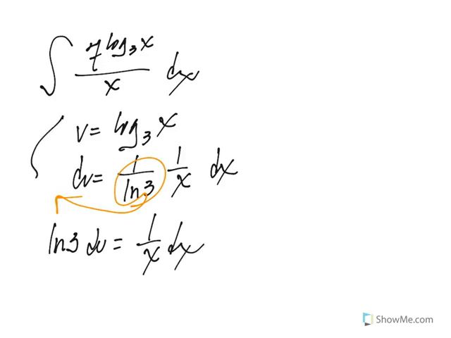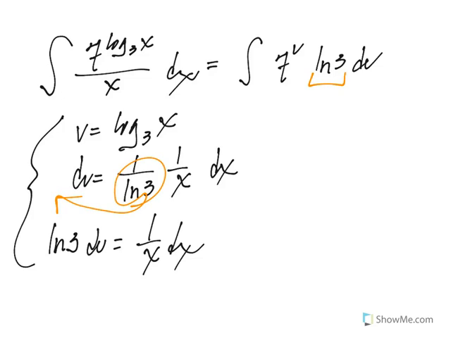All right, taking these 3 lines here and putting them into the original gives me 7 to the u, right? Because u is log base 3 of x. 1 over x dx then is equal to the natural log of 3 du. I'll take this portion out front just to get it out of the way. This gives me the natural log of 3 times the integral of 7 to the u du.